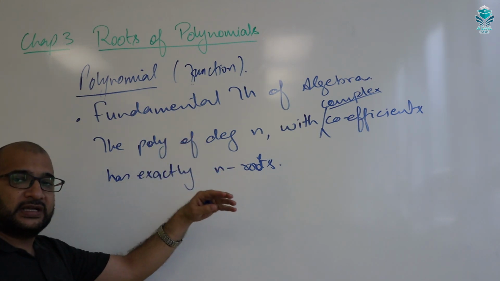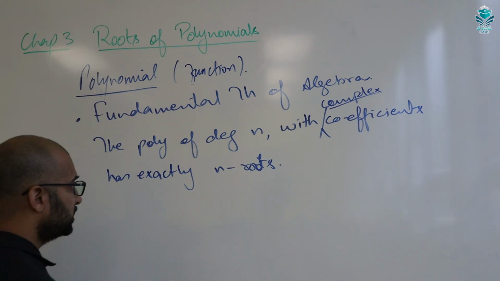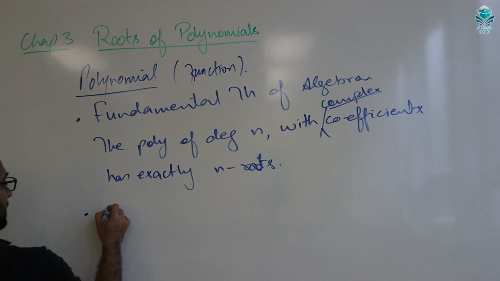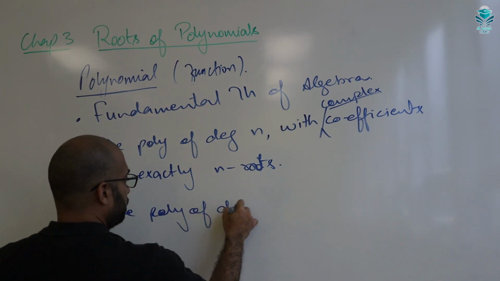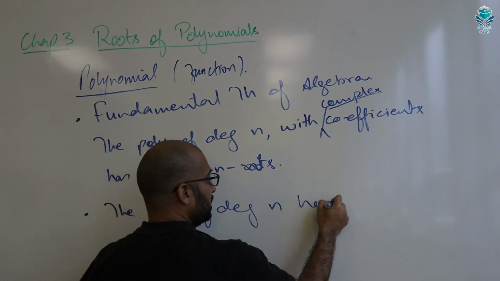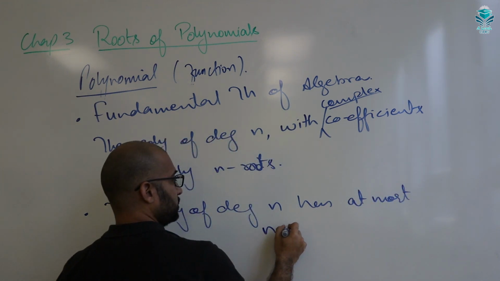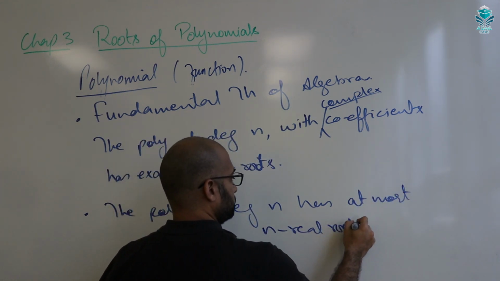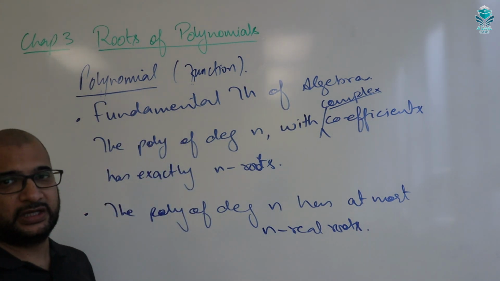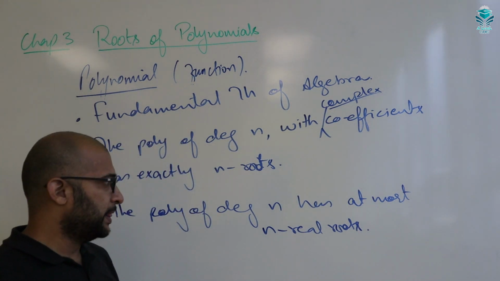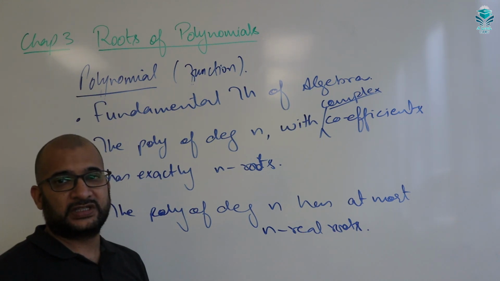It means some of the roots are real and some are complex. But in general we can say the polynomial of degree n has at most n real roots. Understand? But for the complex roots we have exactly the number of degree times roots. It means if it is a polynomial of degree 3, we have exactly 3 roots.